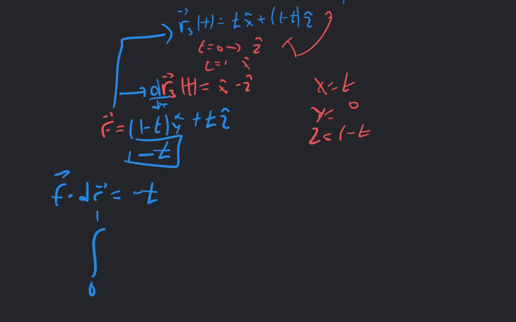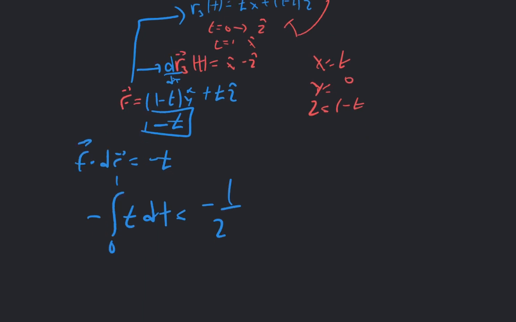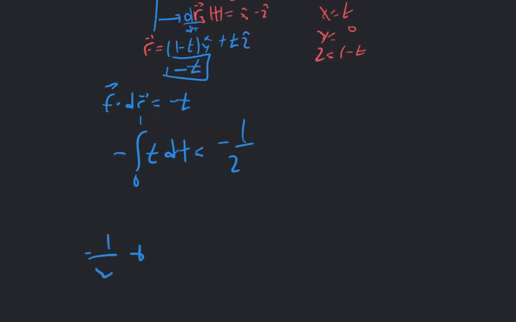And then we integrate from 0 to 1 of minus t dt, and that's minus 1/2. So we have minus 1/2 plus minus 1/2 plus minus 1/2, or minus 3/2.